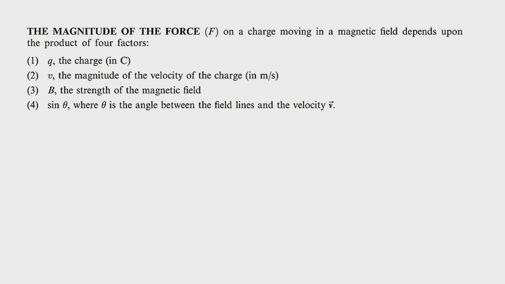These are Q, the charge, expressed in coulombs; V, expressed in meters per second, the velocity of the moving charge; capital letter B, the strength of the magnetic field; and sine theta, where theta is the angle between the magnetic field lines and the direction of the velocity of the charge.